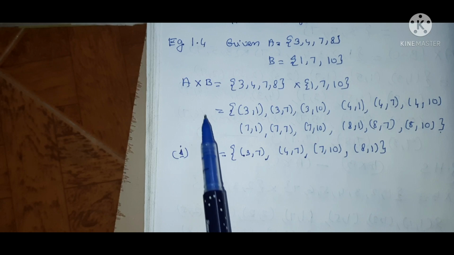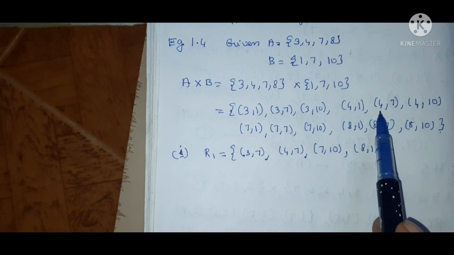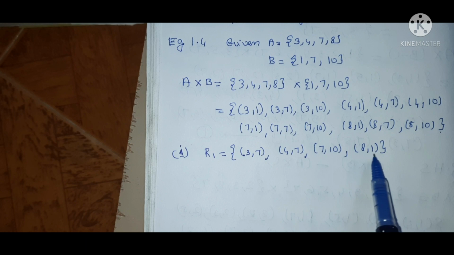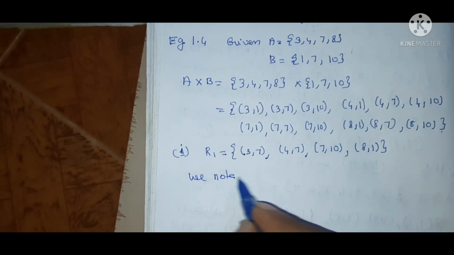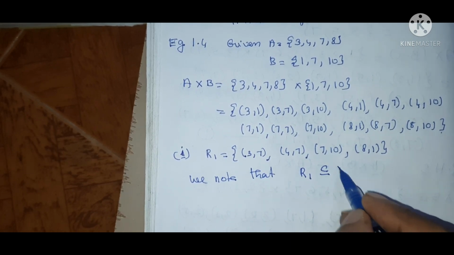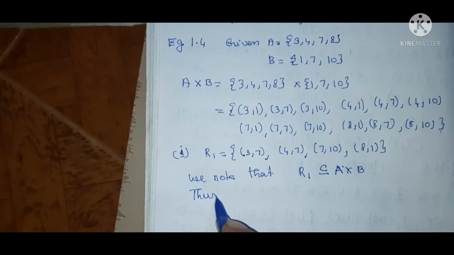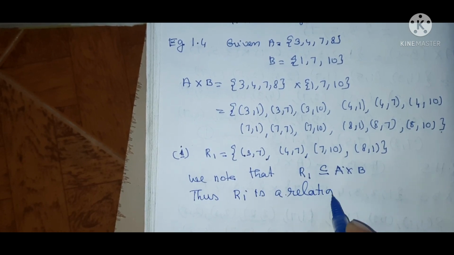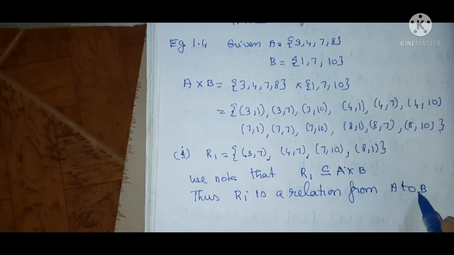Compared to A cross B, (3, 7) is there, (4, 7) is also there, (7, 10) is also there, (8, 1) is also there. We note that R1 is a subset of A cross B. Thus, R1 is a relation from A to B.